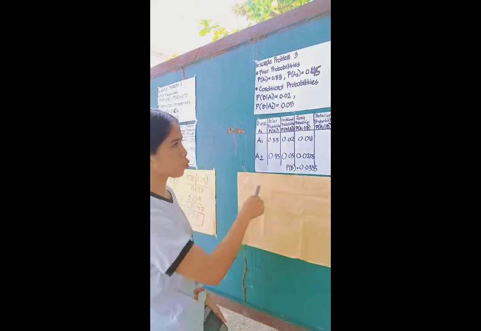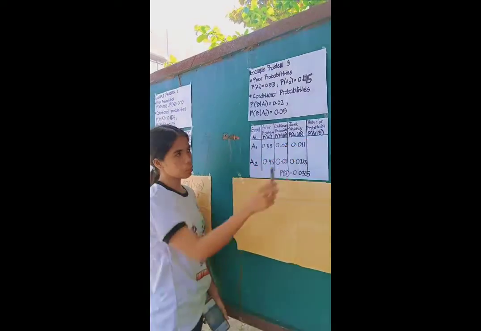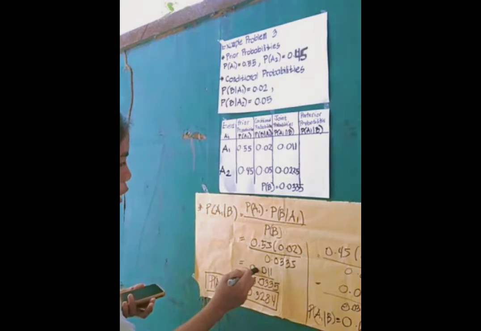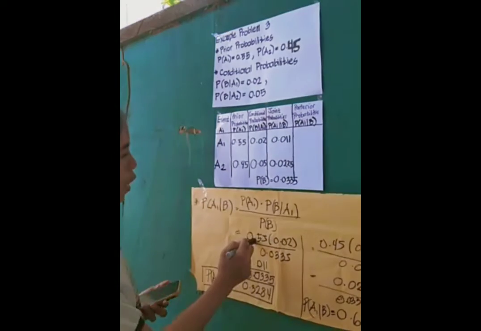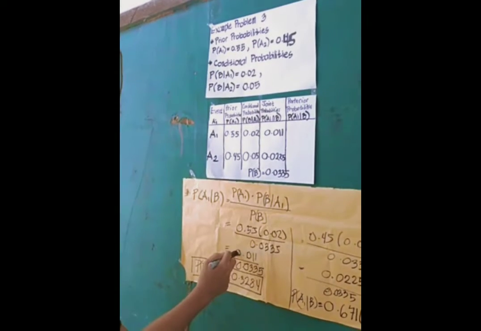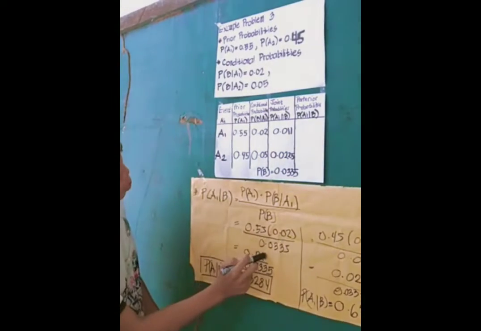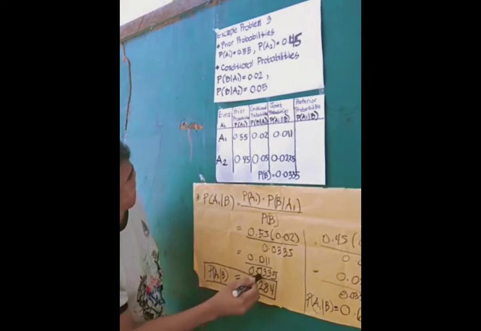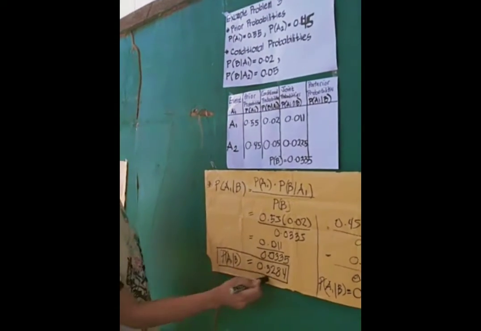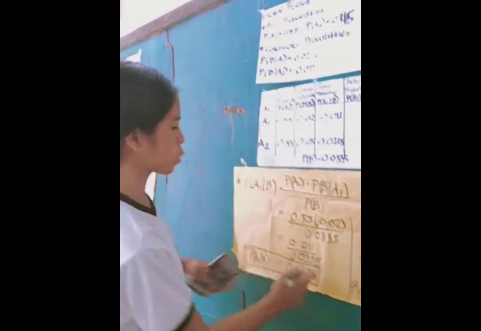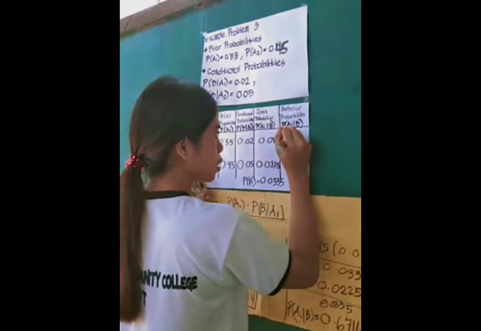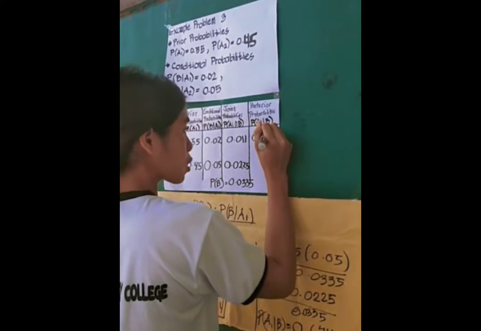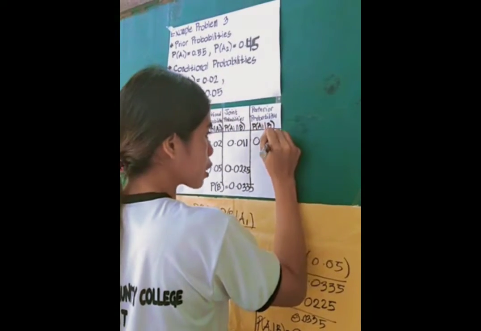Here's the solution to know the result of the posterior probabilities. To get it, we multiply the prior and conditional probabilities. And this is the result. And we need to copy the probability of B, 0.03335. And this is the result for the posterior probability, 0.3284.